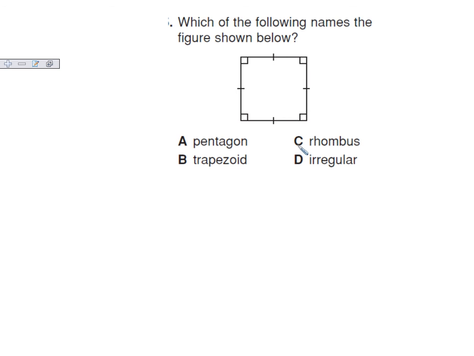So this is a rhombus because all 4 sides are the same length, and these little tick marks indicate that all 4 sides are the same length. But they also have all 4 angles 90 degrees. So there's another name for this that I think is a better name than rhombus. It's more specific.